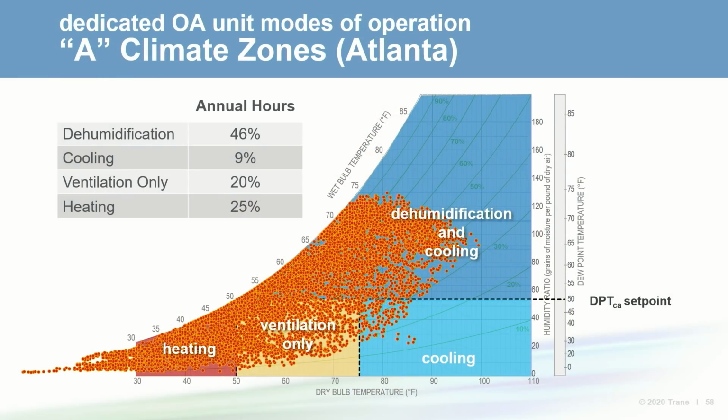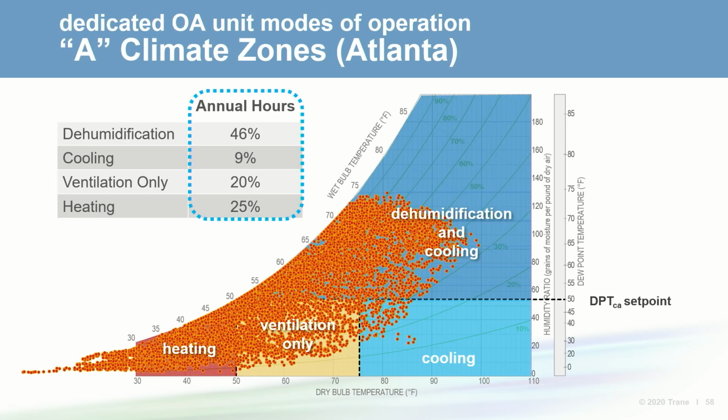But how many hours the unit will operate in each mode certainly varies by climate. Cities in the eastern United States, in the A climate regions, will have a significant number of hours in dehumidification mode. For example, here's a plot of the annual weather data for Atlanta. 46% of the hours will be spent in dehumidification mode, 9% in cooling, and 25% in heating.